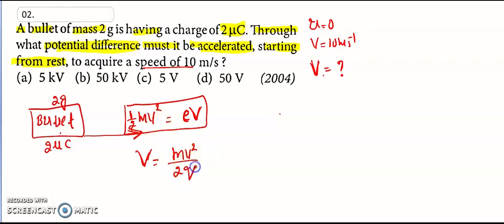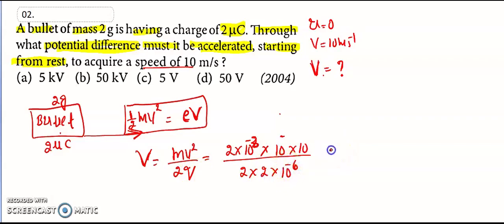Here q means charge. The mass is 2 gram, that is 2 into 10 to the power of minus 3. V square is 10 into 10, divided by 2 into the charge, 2 into 10 to the power of minus 6.